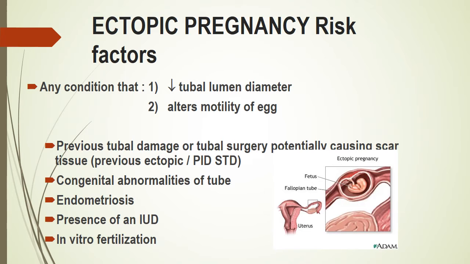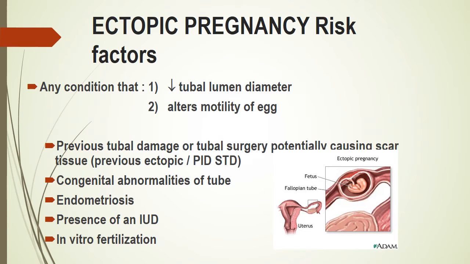A woman may also have abnormalities of her tubes that she was born with, and of course it wouldn't manifest itself until she actually became pregnant. A woman who has endometriosis may have implants within the tube. This narrows the lumen and alters the path of travel to the uterus.